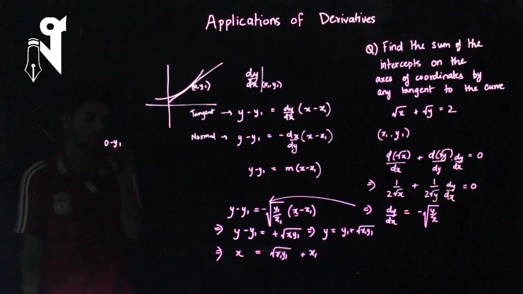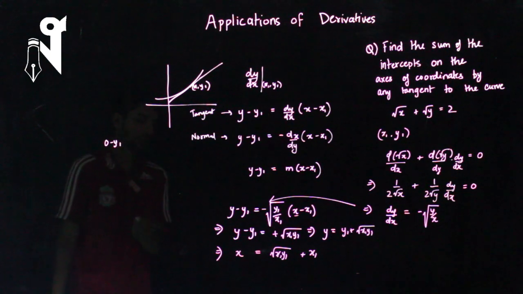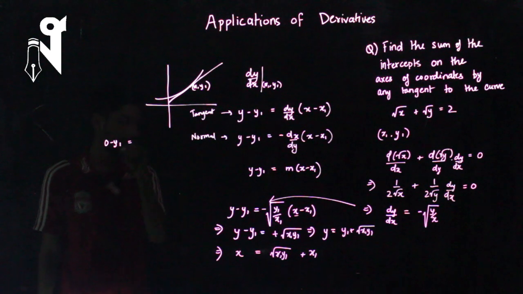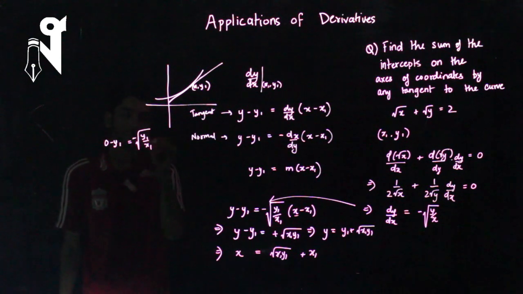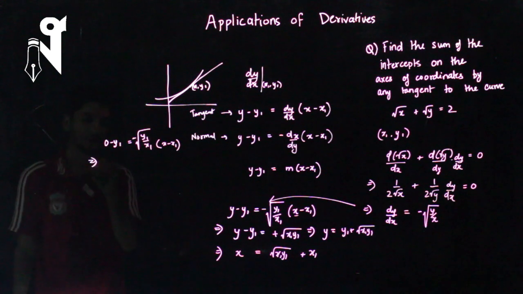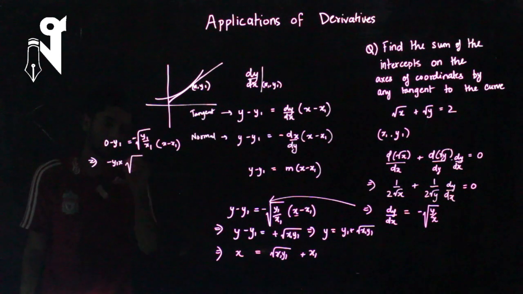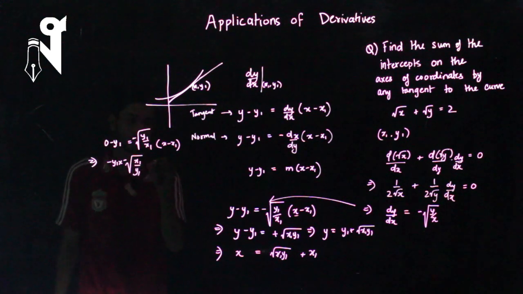I'm substituting 0 because now I'm getting the x-intercept, so the y coordinate is 0. 0 minus y1 equals minus under root y1 by x1 times x minus x1. So this is basically minus y1 into minus under root x1 by y1, just took it to the other side.